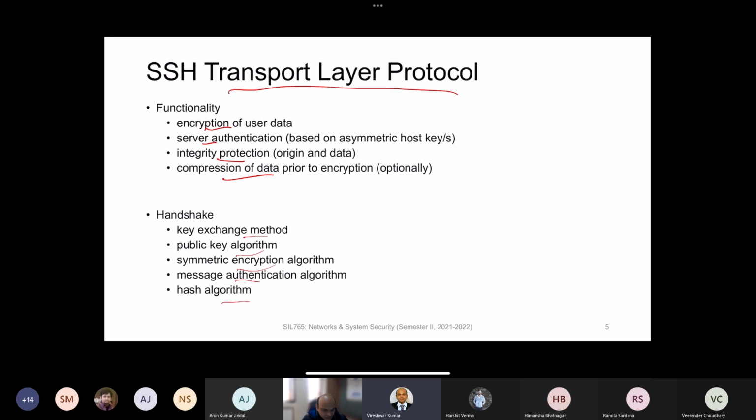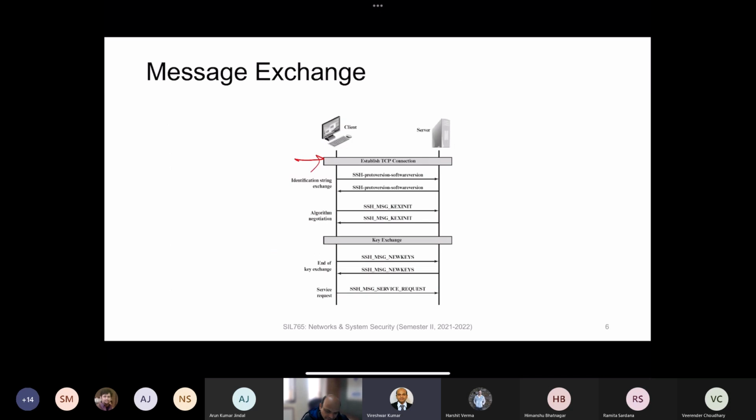Now I would also like to show you a typical message exchange that can happen between a client and the server. Initially, the client and the server will establish a TCP connection. That is the first step when considering the SSH protocol, and then they will start to do the handshake.